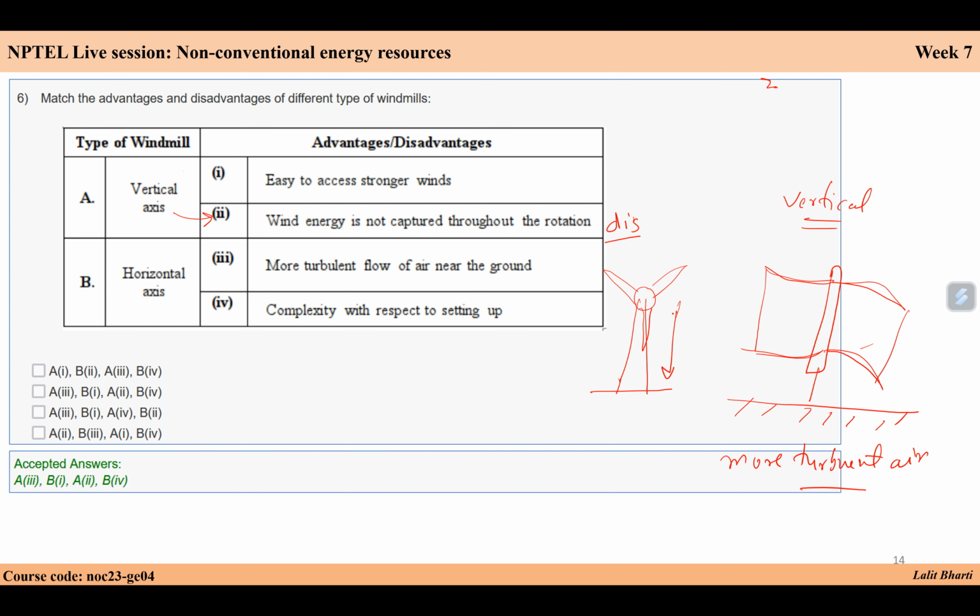This height is very high for horizontal type windmills, so there the air will not be as turbulent near the ground as in the vertical. So this is also for A. So for A we have second and third.